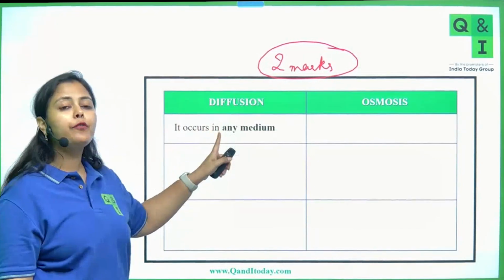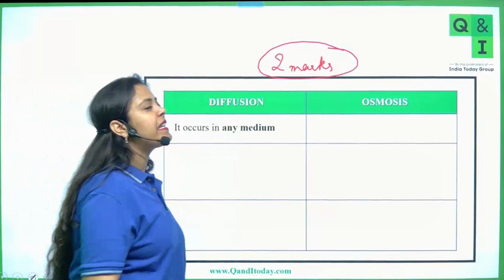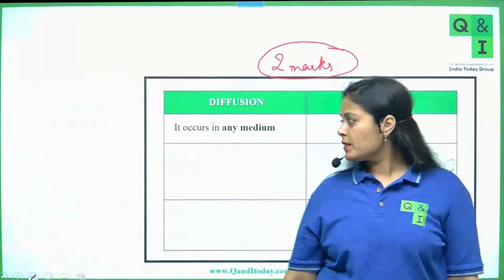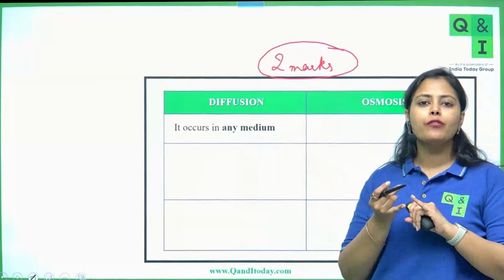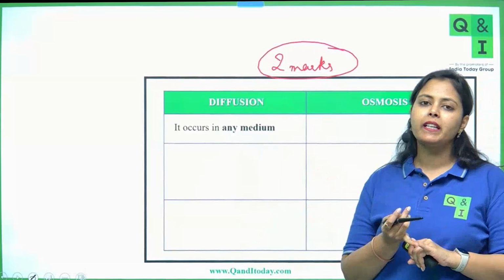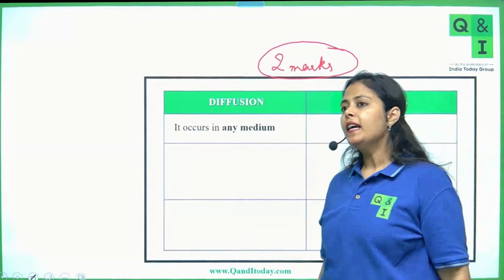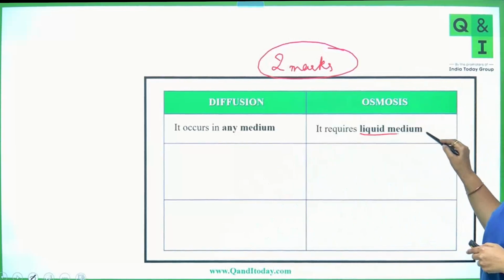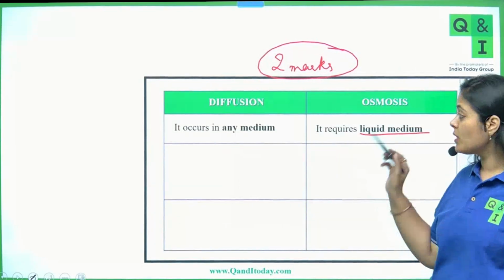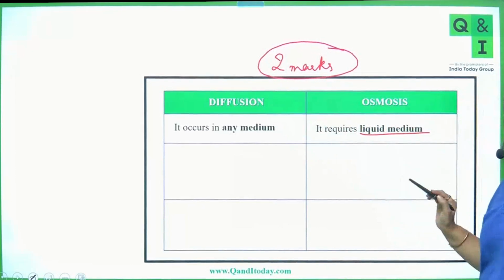See, diffusion can take place in any medium. That means it can be of gases, liquid, or solid as well. Now, osmosis, however, only occurs in liquid medium. This is one of the main important points.